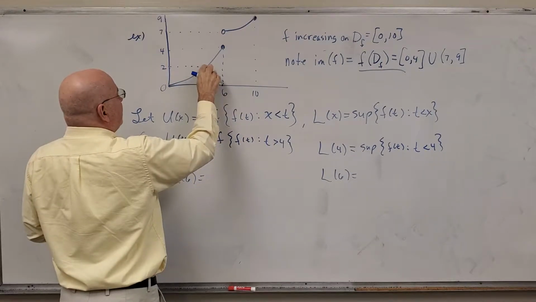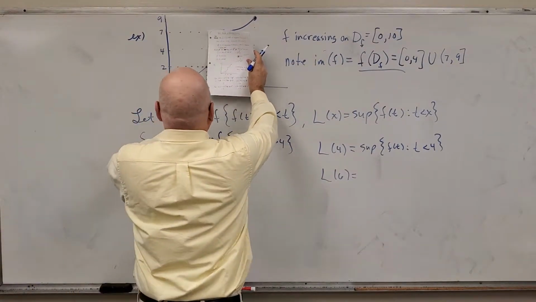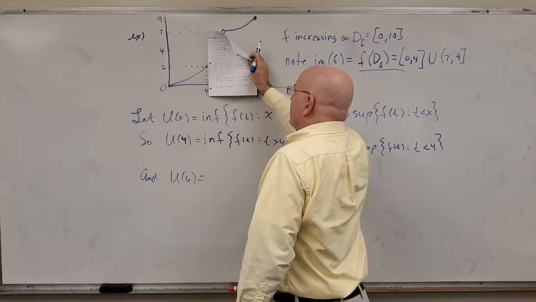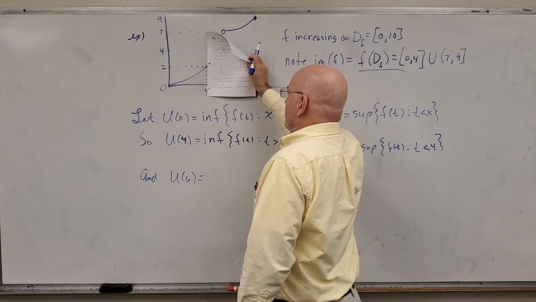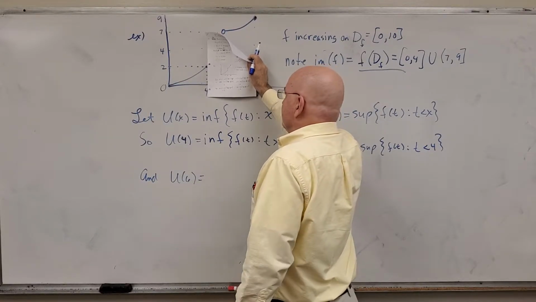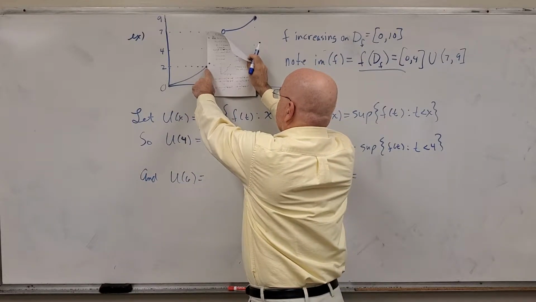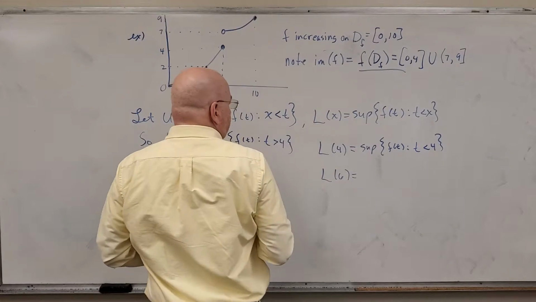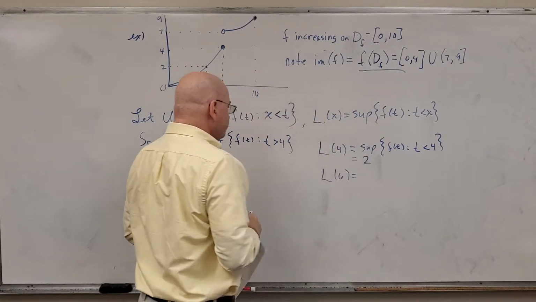Well, the supremum of that is going to be the height of 2. You agree with that? So just look at this. What's the greatest value that the function takes? Now that doesn't define the supremum, but in this case it does. The highest possible value it takes is the number 2. So L of 4 is just equal to 2.